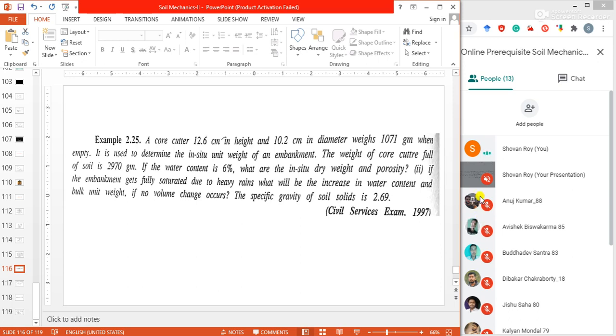So today's class will be of shorter duration, and during this class I will just show you two numericals regarding your compaction chapter. And after that, from the next class we will start the stability of slope.